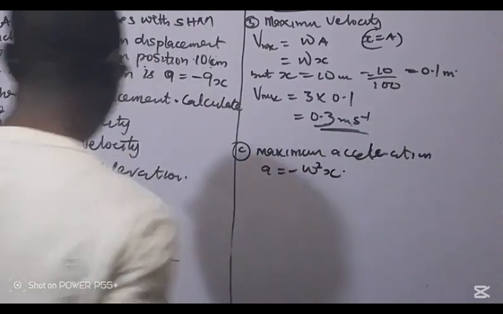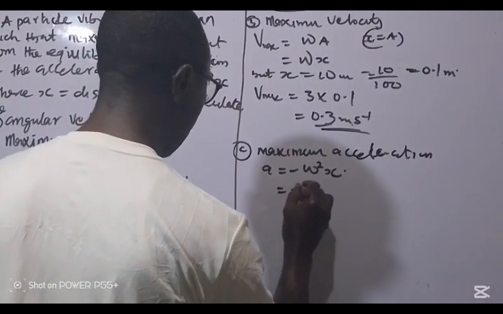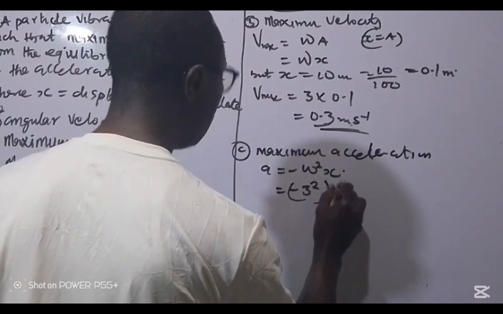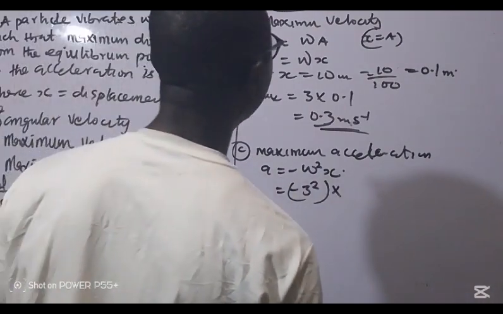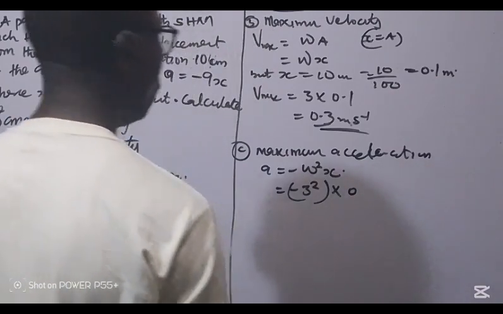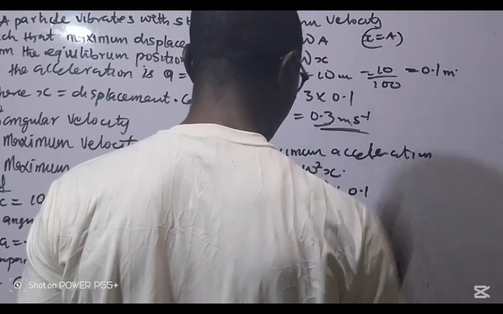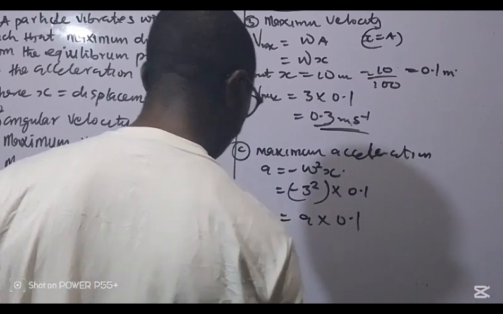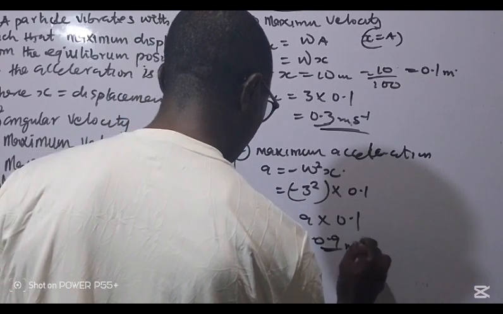So we are going to have minus 3 square multiplied by our x, which is given as 10 centimeters. We've converted to meter, that will be 0.1. So this will give us 9 multiplied by 0.1, and A will give us 0.9 meter per second square. That's the solution to this one.